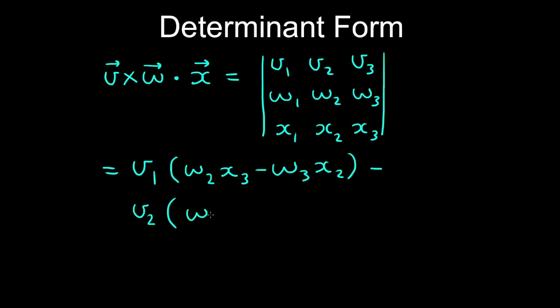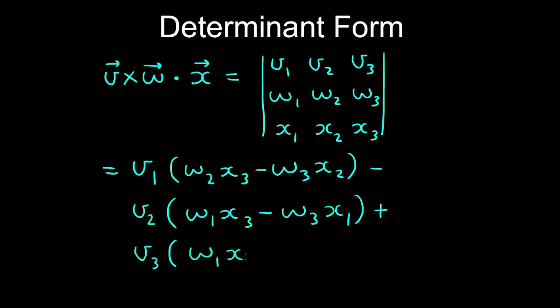So we have W1 X3 minus W3 X1, and plus V3 by the determinant of the minor that results from blocking out row 1 and column 3. So we have W1 X2 minus W2 X1.